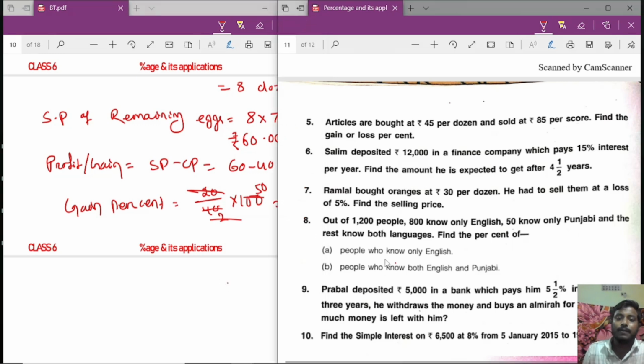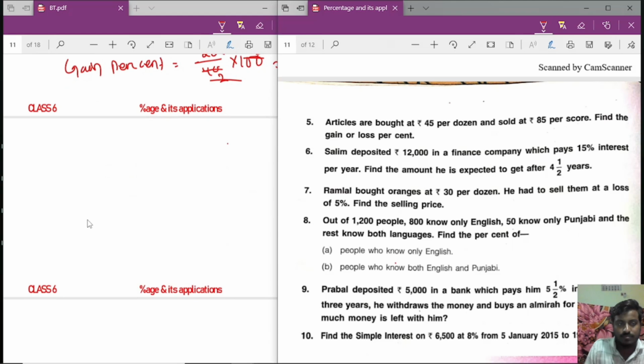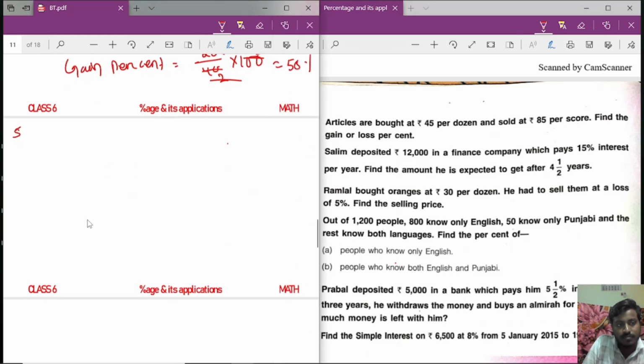Now next question number 5. The articles are bought at rupees 45 per dozen. So we can write CP of 1 dozen articles equal to how much? Rupees 45.